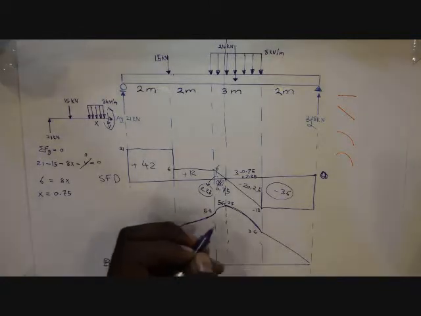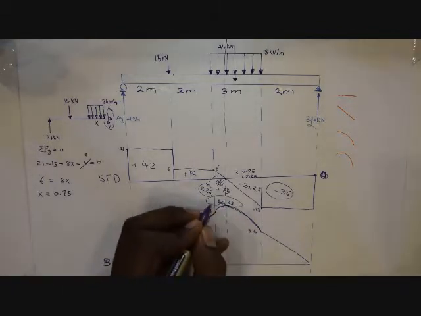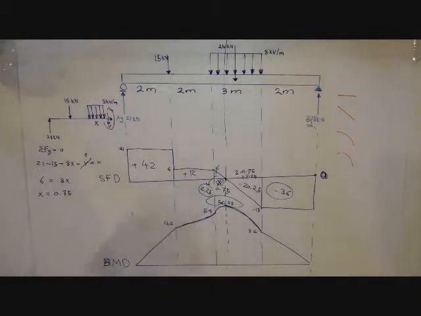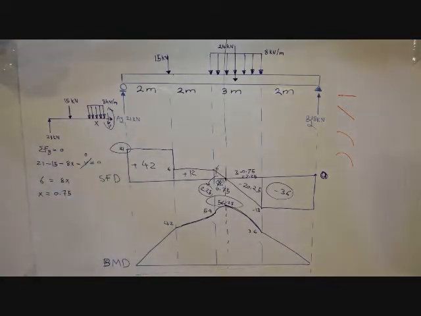And our maximum bending moment is 56.25 and the maximum shear force is 21, the absolute value. Okay, thank you so much, and I hope you understand and everything is clear. Thank you.